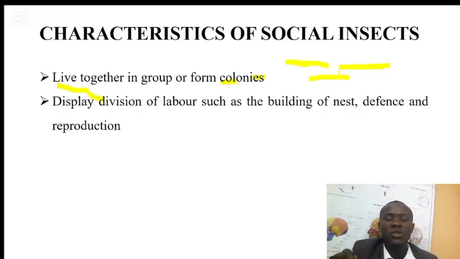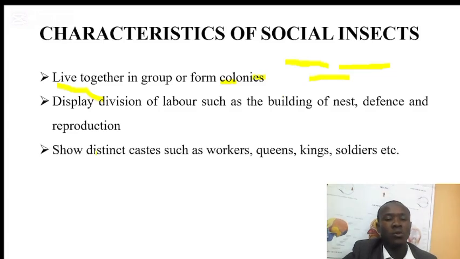They display division of labor, just like I said. Some of them will be responsible for defense, some for reproduction, some for building of the nest, and some will even be responsible for foraging for food, that is, they have to go and find food for the colony.